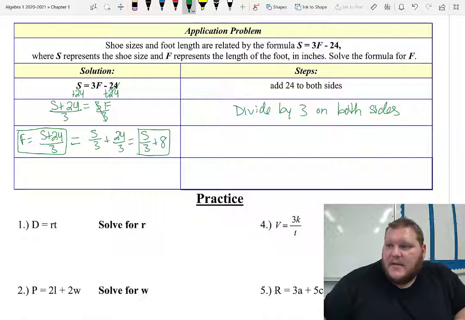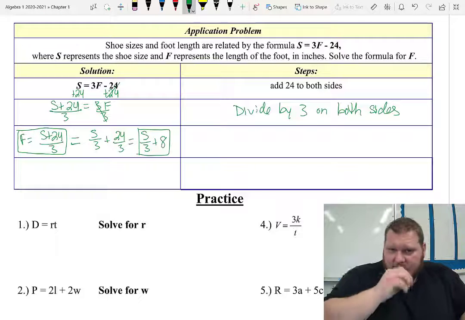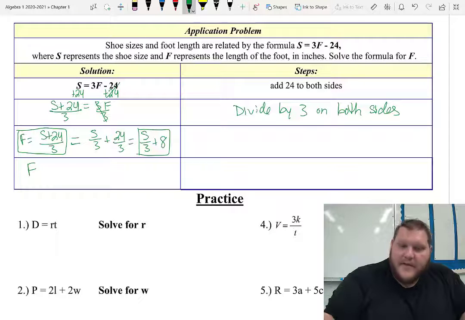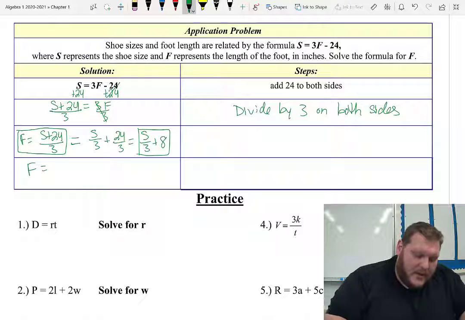For this last piece, they don't ask us to do anything, but just for fun, let's pretend that we wanted to estimate how long your foot is based on your shoe size. We'll just use mine as an example. Depending on the brand, I'm usually around a 13 or a 14 shoe size. So if I wanted to figure out how long my foot is based on the fact that I wear a size 13, I'm going to use the original equation and plug in 13 for S, and then divide by 3.